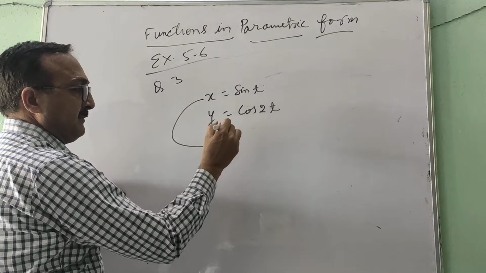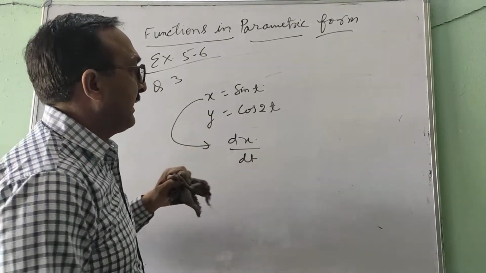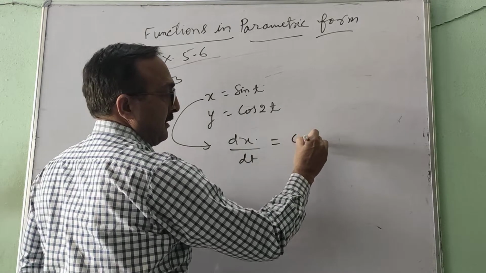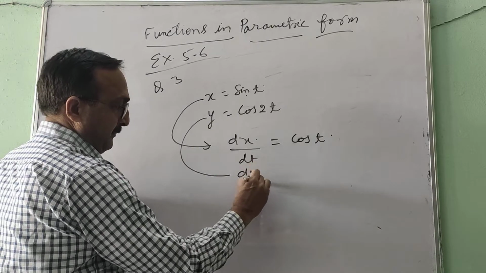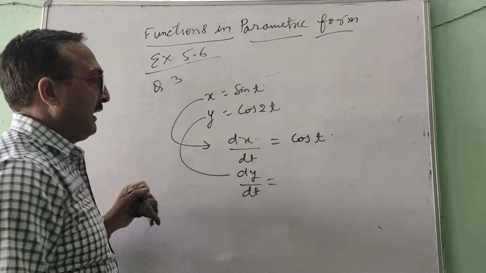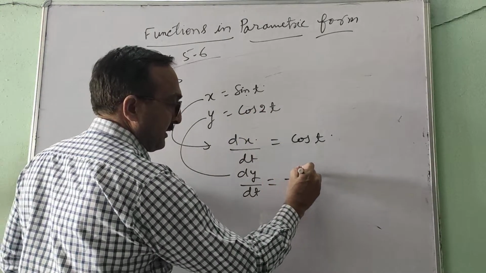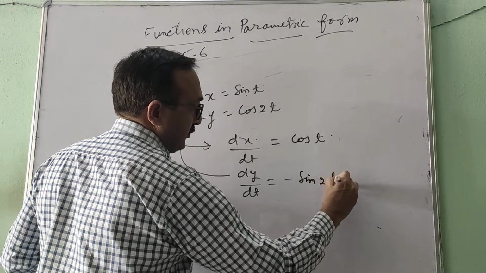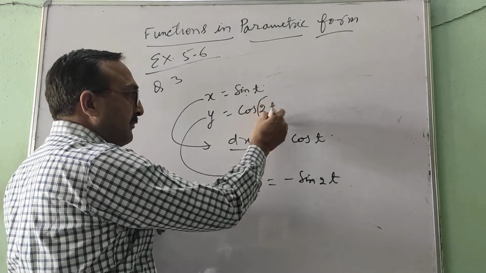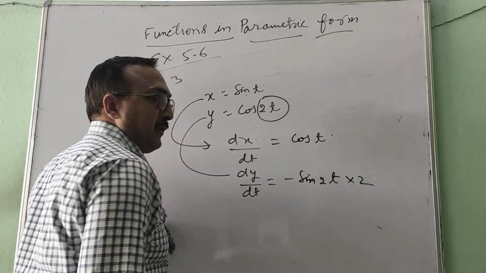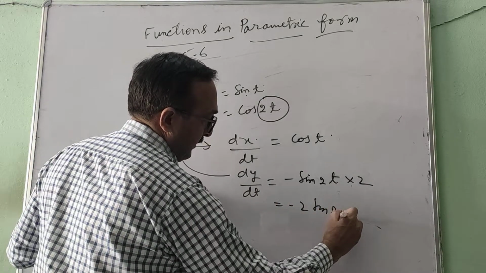Now differentiation of this one, dx upon dt, and you know sine differentiation, it's an elementary function, becomes cos t. And this one is dy upon dt, and this is a function of a function type problem. Then cos 2t becomes minus sin 2t. Cos differentiation, you know, minus sin 2t, and again you have to differentiate this one, then you will get 2 and t is 1, so that is minus 2 sin 2t.